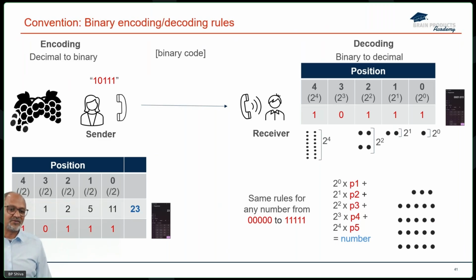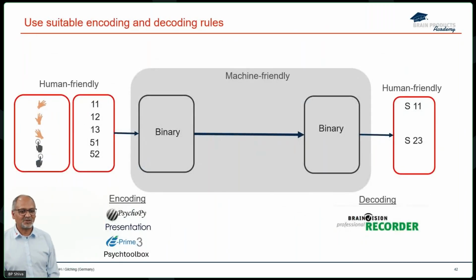And again, the calculation can be performed the same way and can successfully decode information anywhere from 5 zeros to 5 ones. And the reason for stressing this point is that this is the same concept to think about when you are using triggers. You have a variety of stimuli, like the grapes, and you can, in human-friendly terms, assign decimal values to them, which are easier to think about and can be assigned in some systematic way.